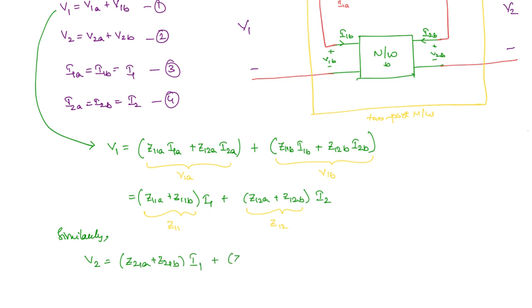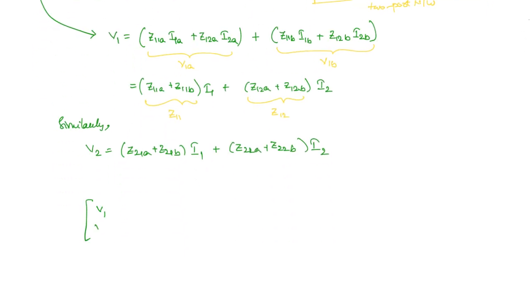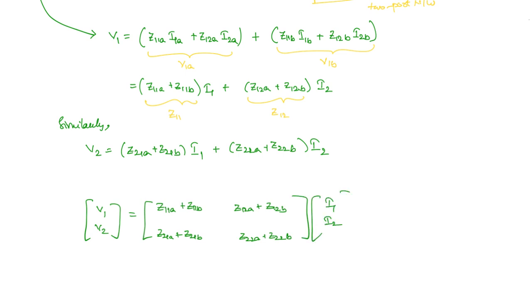So you're going to get V1 V2 is equal to the matrix Z11A plus Z11B, Z12A plus Z12B, Z21A plus Z21B and Z22A plus Z22B, okay, into I1, I2.